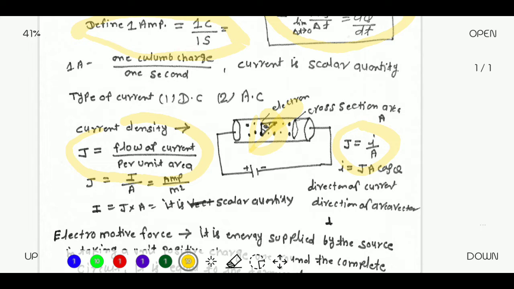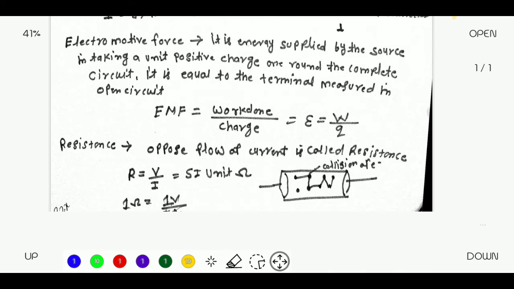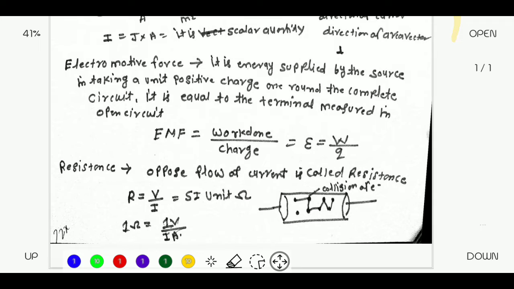After that, we will discuss electromotive force. Electromotive force is the energy supplied by the source in taking a unit positive charge once around the complete circuit. It is equal to the terminal voltage measured in open circuit.